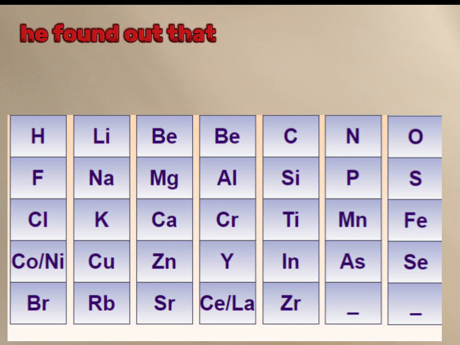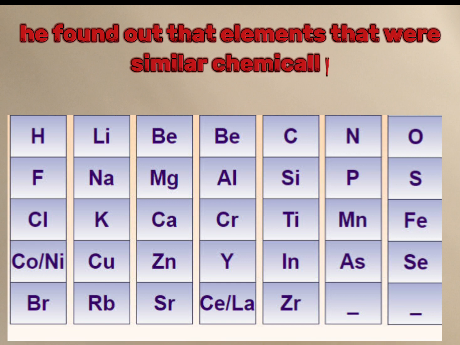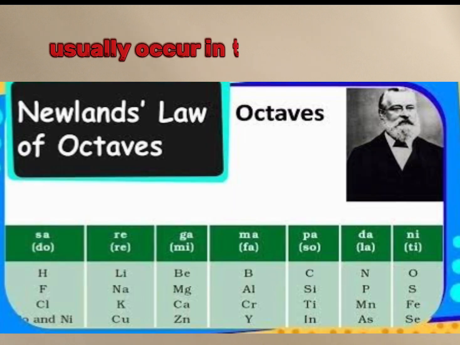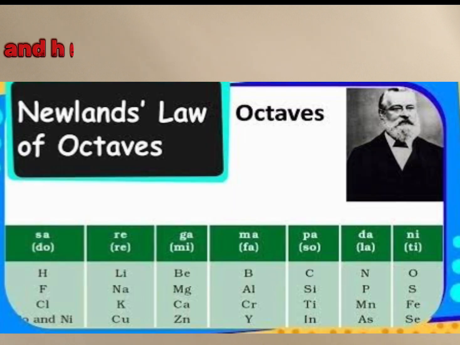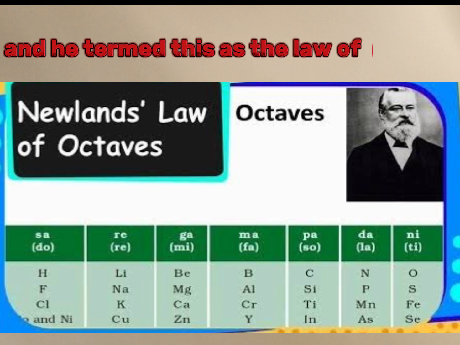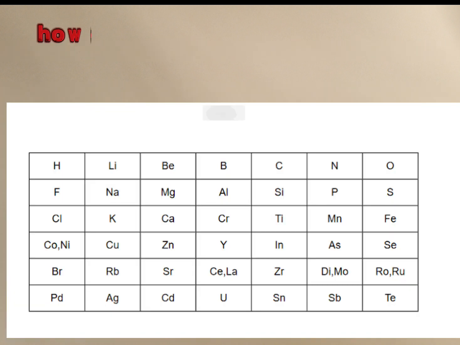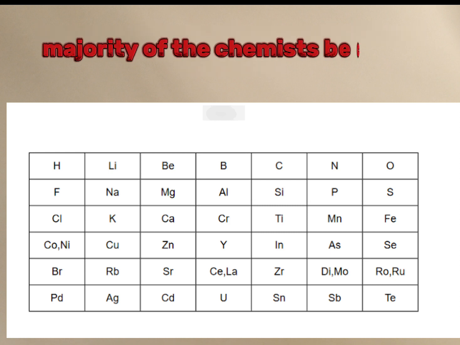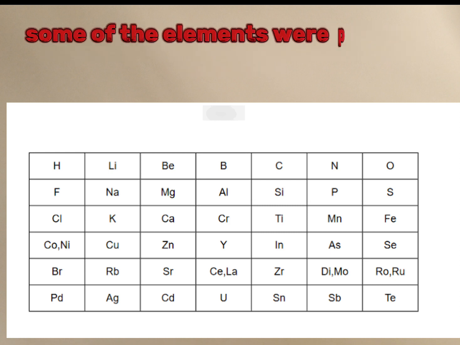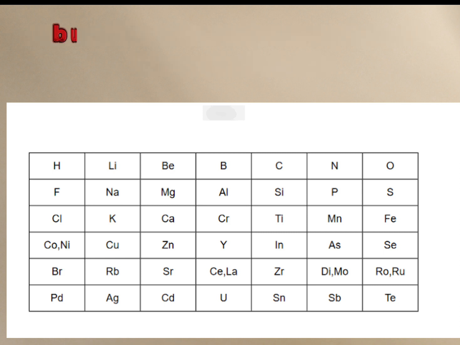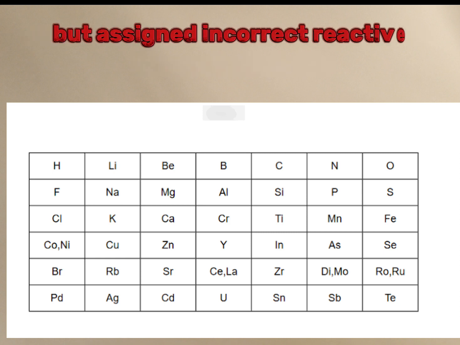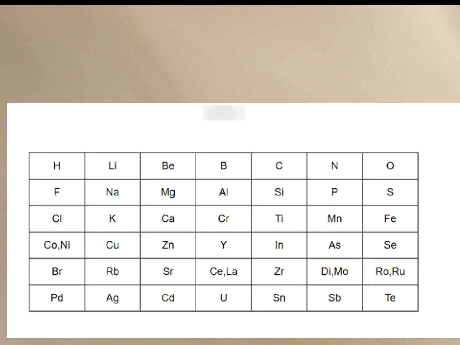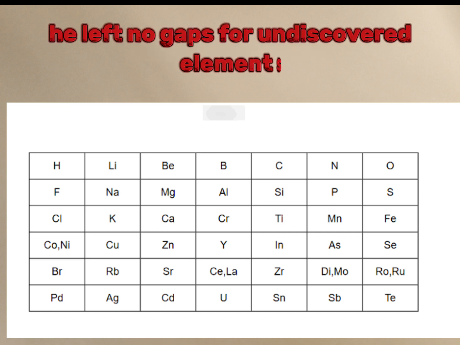He found out that elements that were similar chemically usually occur in the 8th position, and he termed this the law of octaves. However, Newlands' work did not convince the majority of the chemists because some of the elements were placed in the periodic table but assigned incorrect relative atomic masses. In addition to this, he left no gaps for undiscovered elements.